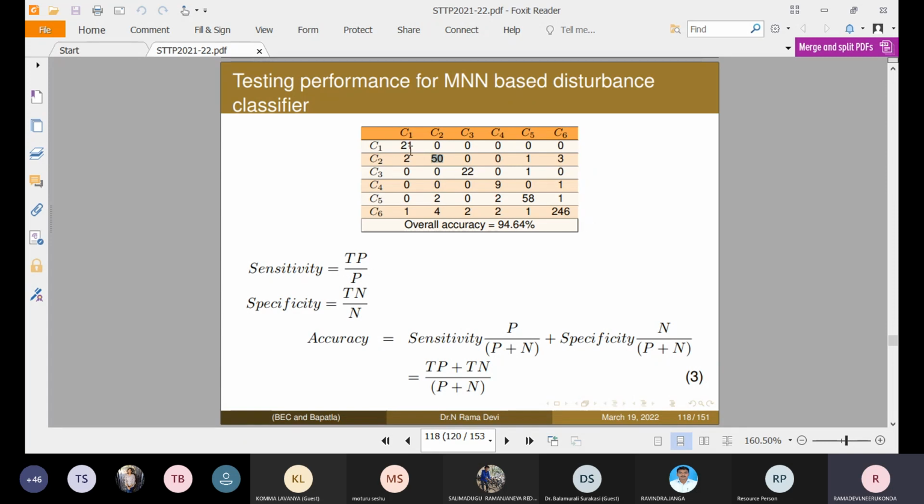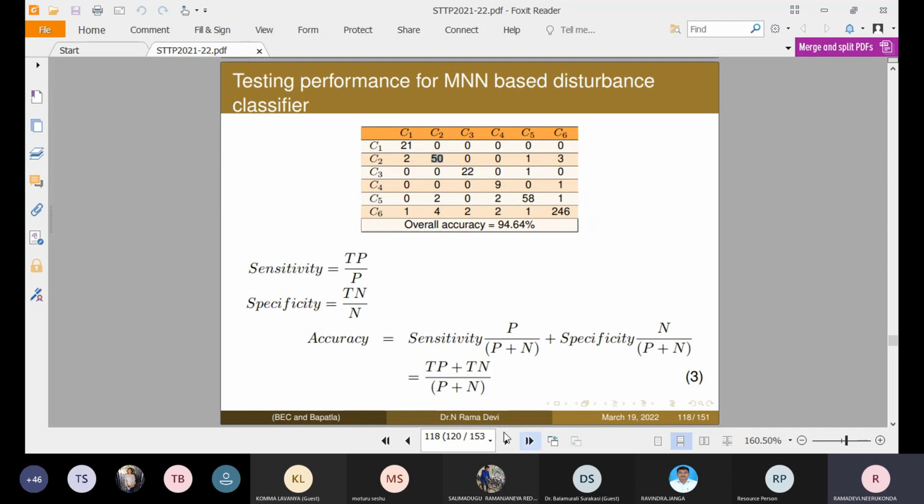True negative means it's a stator fault, but it's identified as another fault. That is what we call the true negative. So false positive, false negative. Similarly, true positive, true negative means a negative fault identified as a negative fault. A positive fault identified as a fault, we call the true positive.